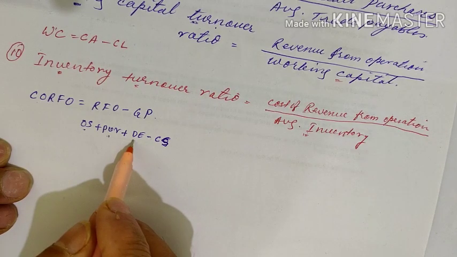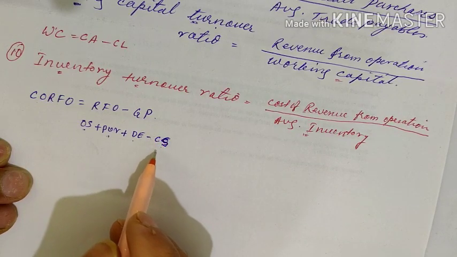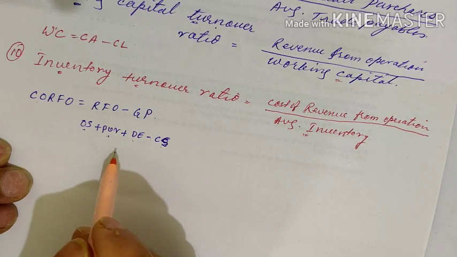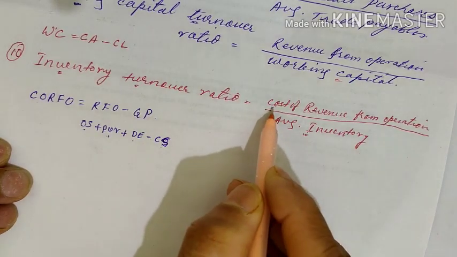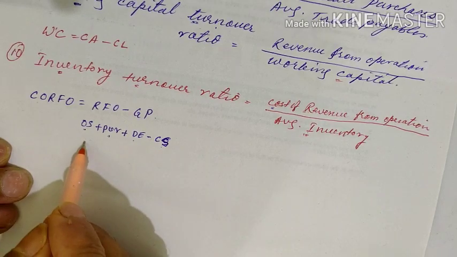This is called direct expenses. And closing stock will be subtracted because this is unsold stock at the end of the year. So when you subtract this, you will get how many units of goods have been sold, right? And this is related to the sales. This is how we'll find out the cost of revenue from operation.